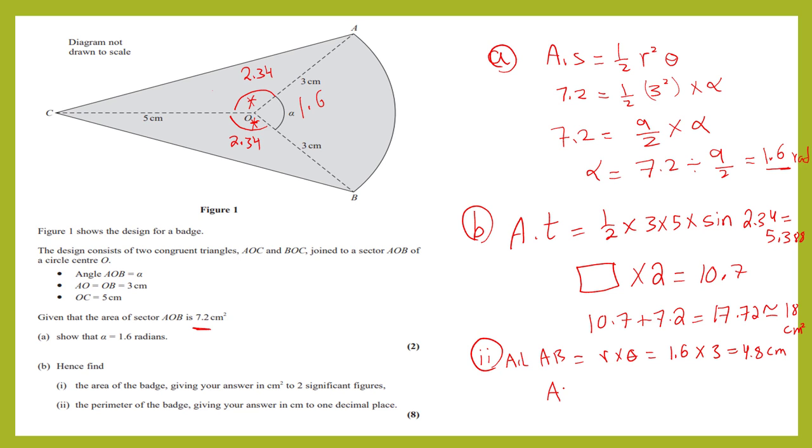So the length of AC will be 3 squared plus 5 squared minus 2 multiplied by 3 multiplied by 5 multiplied by cosine of the angle, which is 2.34. Then you take the square root.